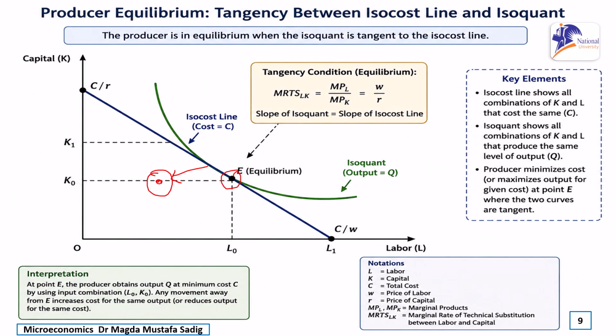And any point outside the isocost, let us say point C and this is point B, point C requires high cost. Any point outside the isocost line cannot be afforded with the current budget. Therefore, the tangency point is the optimal production decision.